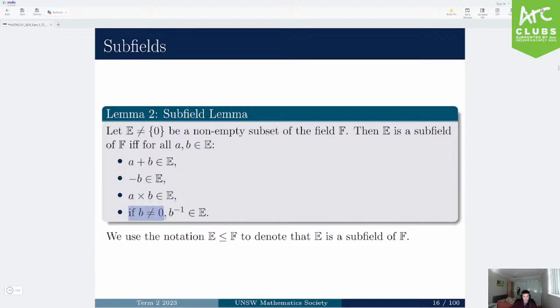And if B is non-zero, then the multiplicative inverse of B is also inside E. So here we're mainly just checking closure under operation and closure under inverse. And again we use the notation E is less than or equal to F to denote that E is a subfield of F.